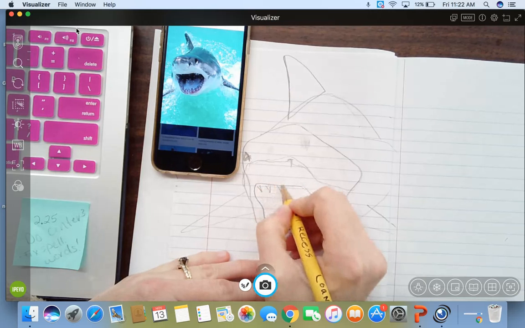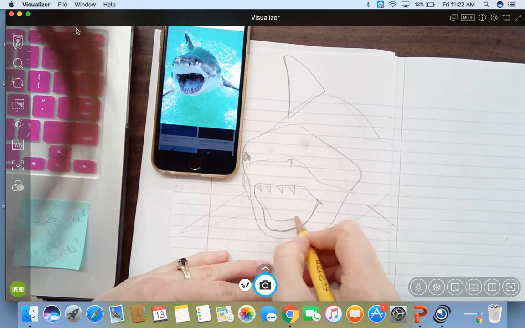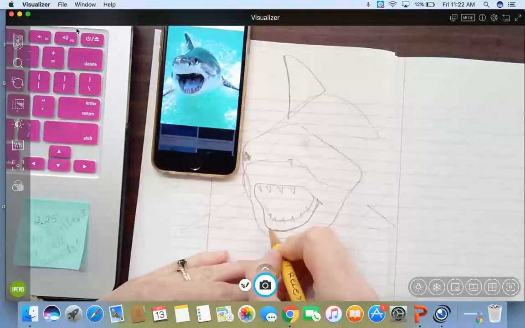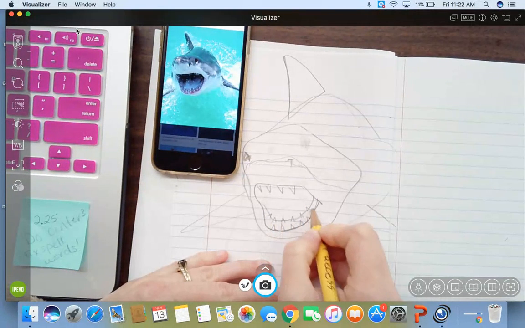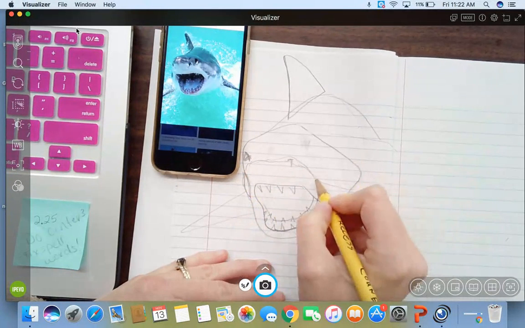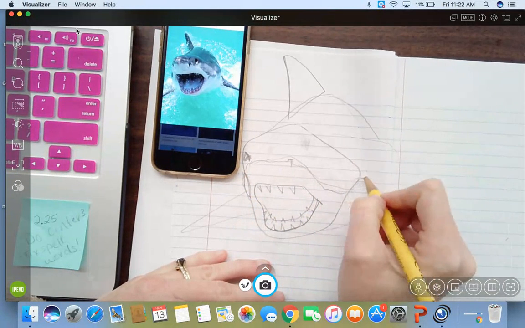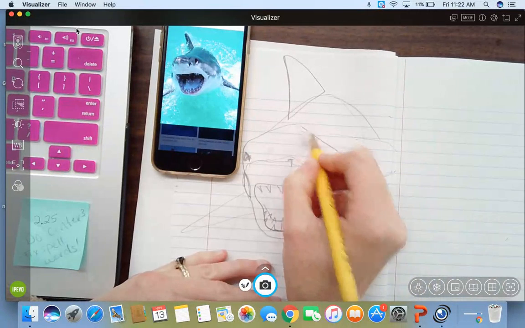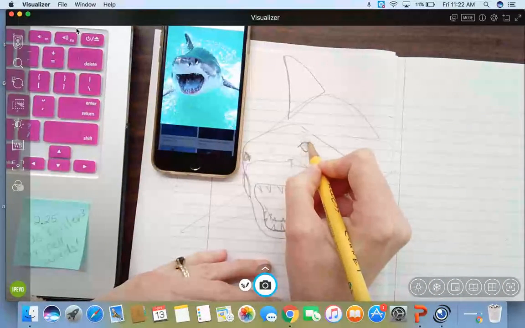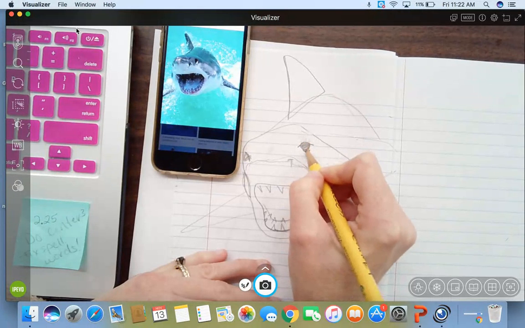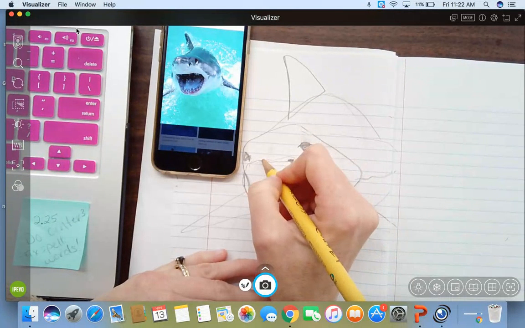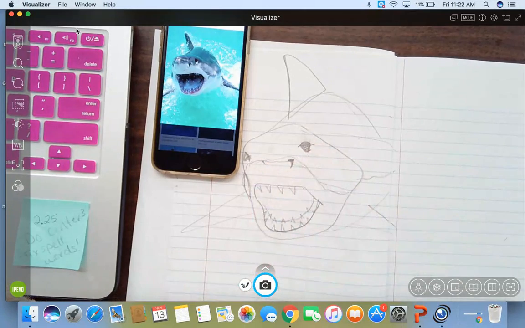Here's his sharp teeth. There's his eye, and there's his nostril, and it's not perfect, but it works. Okay, so there's the shark.